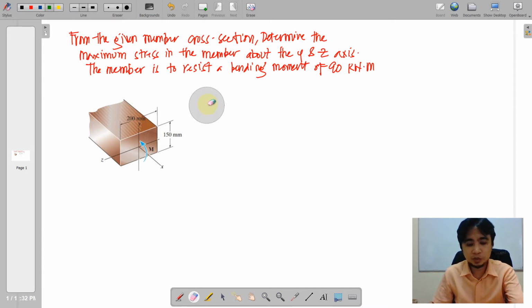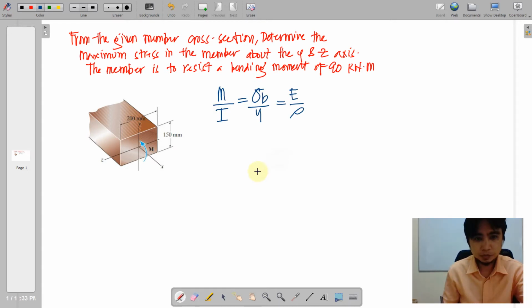First and foremost, we want to recall the formula of flexural stress. It is given by M over I is equal to sigma b over y is equal to the modulus of elasticity E over rho, the radius of curvature.